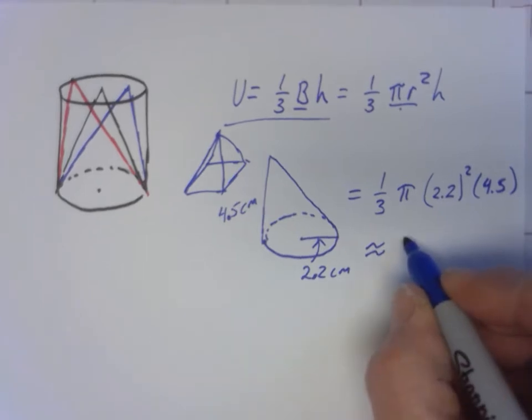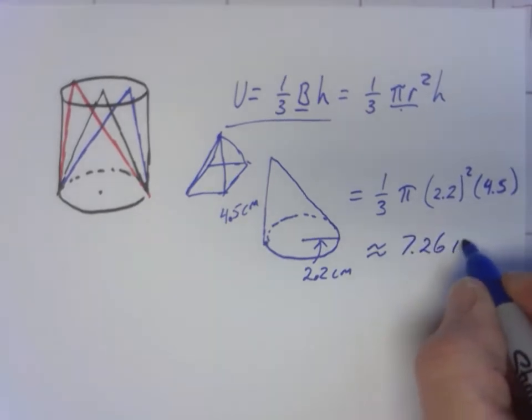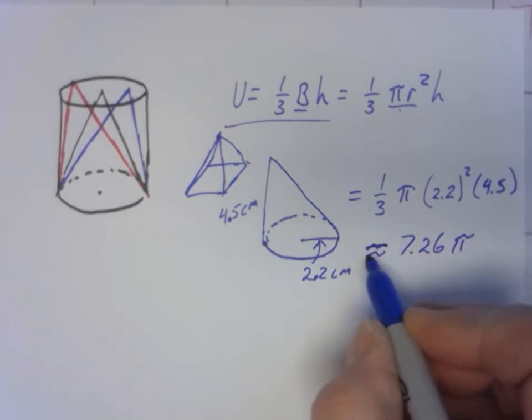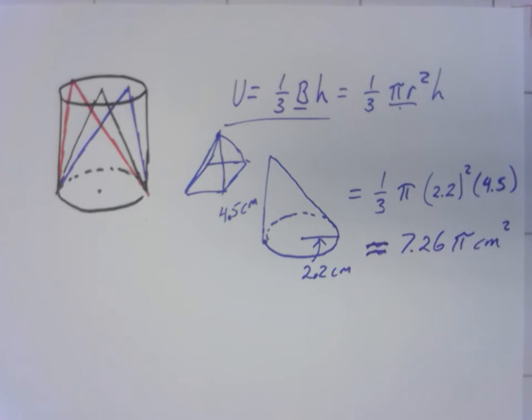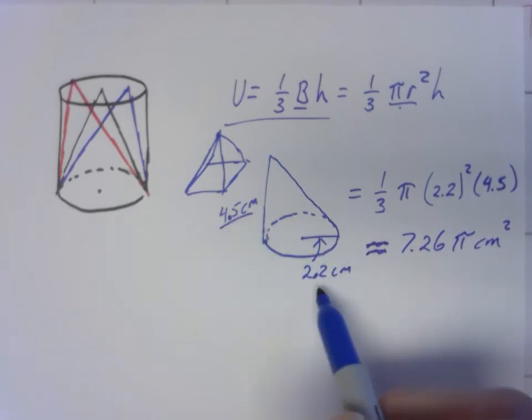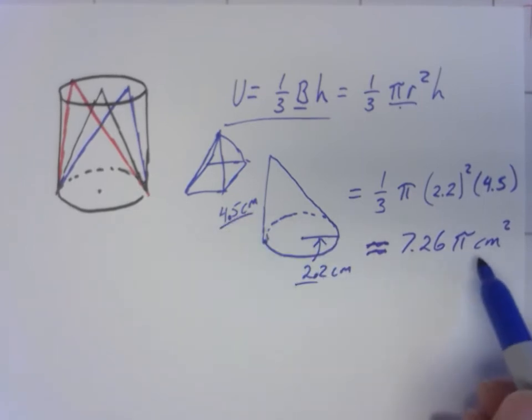That comes out to be 7.26 times pi. I guess this would be the exact answer still. But if they're giving you decimal answers here, they're expecting a decimal answer back. So we're going to go ahead and multiply by 3.14. That's close enough for pi for this one.